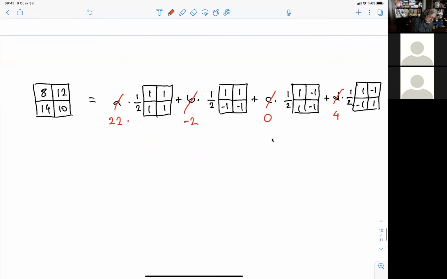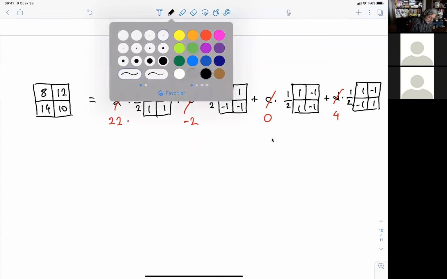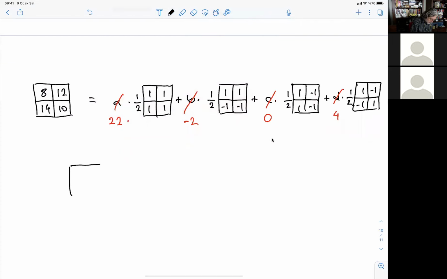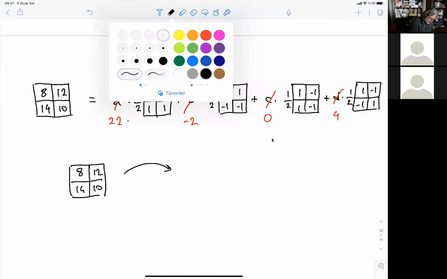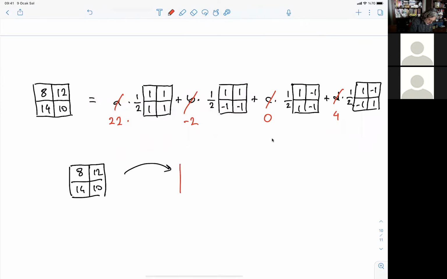So the new transform could be imagined like this. You had a previous representation of 8, 12, 14, and 10, and you transform it to a new transform domain whose values are 22, -2, 0, and 4, like this.